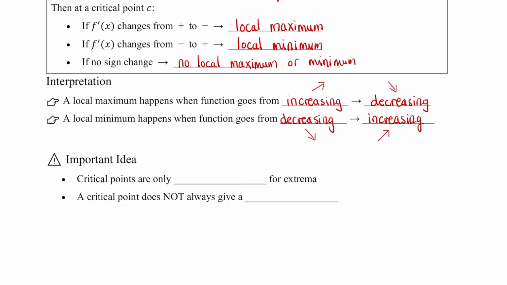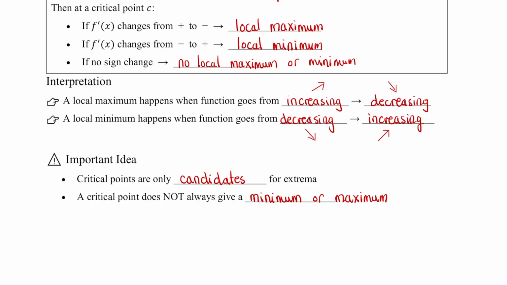Here are the two key things to remember. Critical points are only candidates for extrema, meaning they might be a maximum or minimum, but not always. A critical point does not always give a minimum or maximum. So we always have to check the sign change of the derivative.